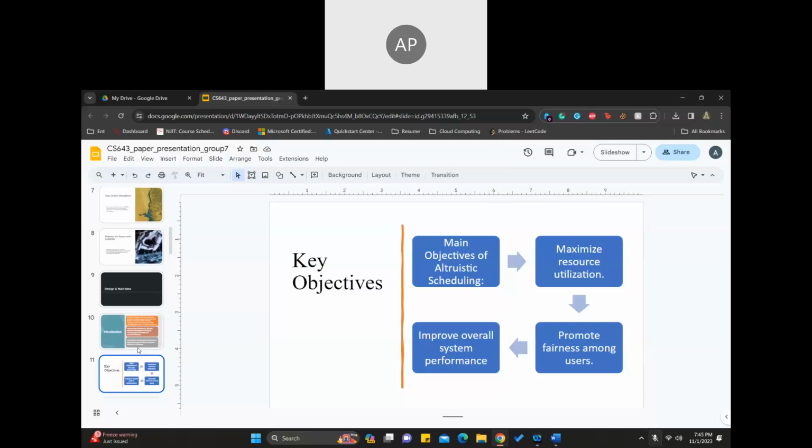This ensures that no single user or group of users monopolizes resources. Everyone gets a fair share of the system capabilities. Can we go to the next slide?